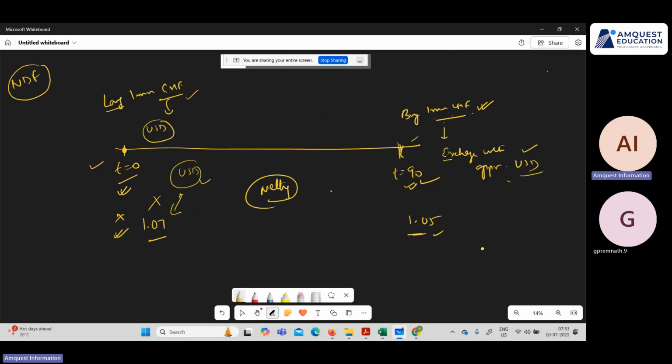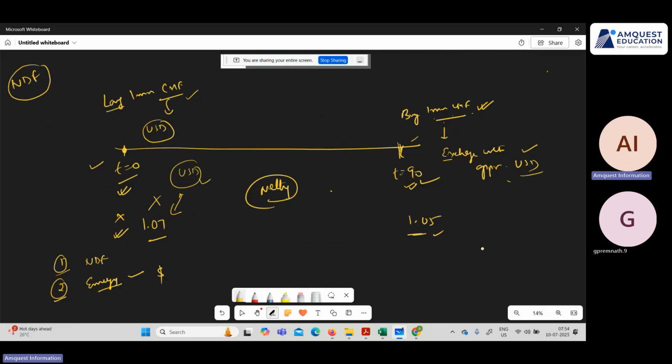But when it comes to solving a question in the exam, they will either clearly tell you that this is an NDF contract, or somehow in the paragraph it will tell you that this is a kind of emerging market, so he's thinking to trade in dollars. Somehow the language will tell you that this is not the forward contract that I'm looking for. This is the question of NDFs.